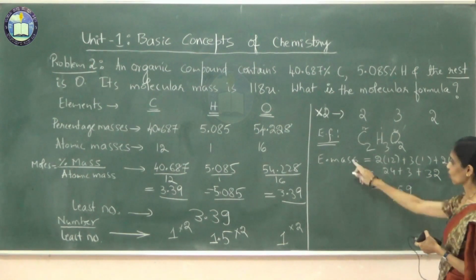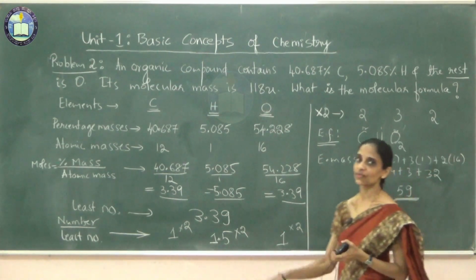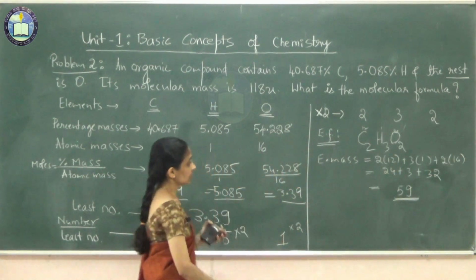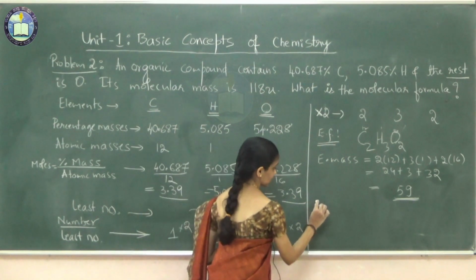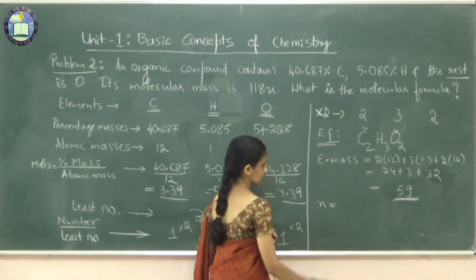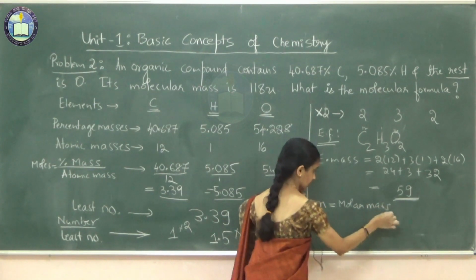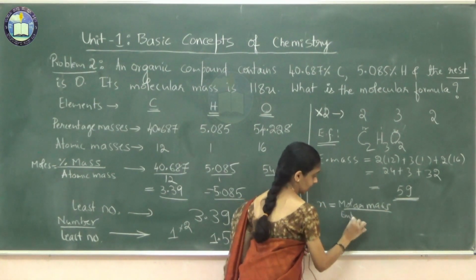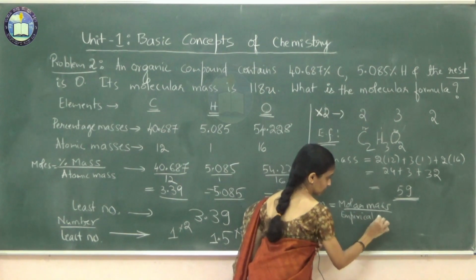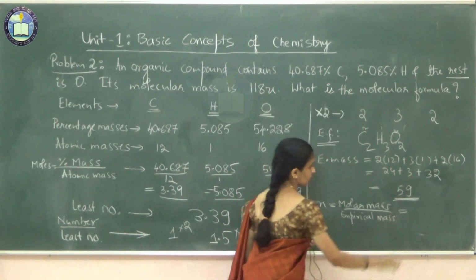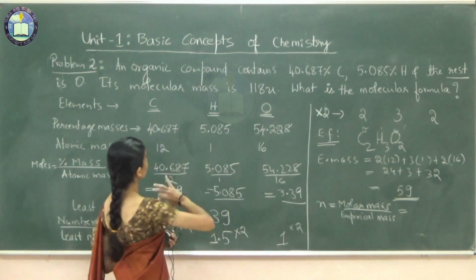Okay. So what is empirical mass? It is 59. Now find out the integer n. n is equal to molar mass divided by empirical mass. Molar mass is there in the problem.